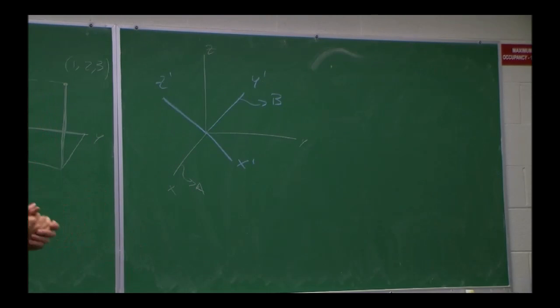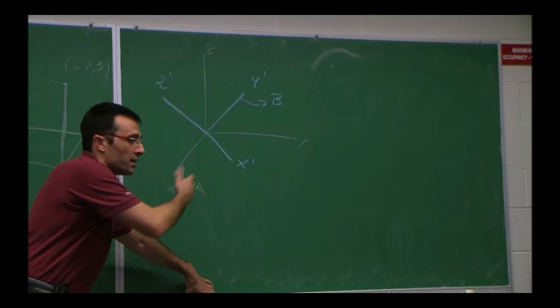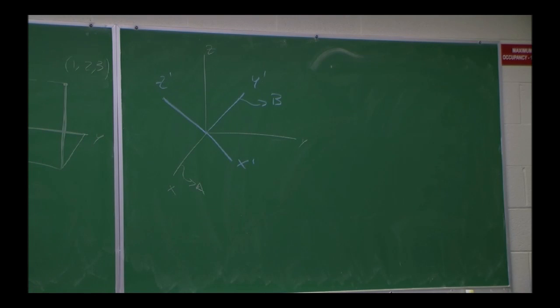And always think about reference frames as objects. A is this room, B is this eraser. It's oriented in some weird configuration. You need to give me some parameters, something I can use to tell me what this orientation is.